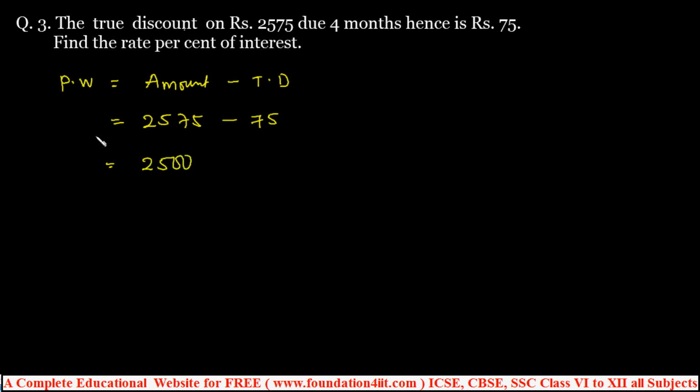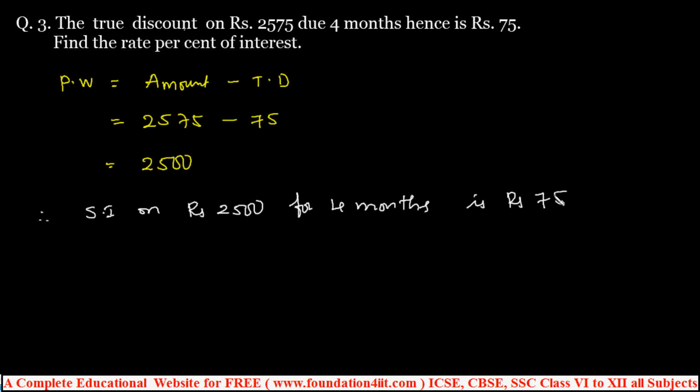Okay, this is the present worth. Now, therefore, simple interest on rupees 2500, because that is the principal amount, simple interest on rupees 2500 for 4 months is again rupees 75. Yes, interest is also the same, it's not mentioned separately. Simple interest is also the same only here. So simple interest on rupees 2500 for 4 months is 75.